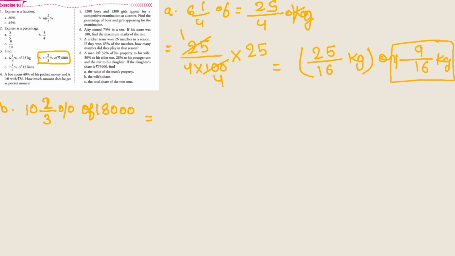Now convert it into an improper fraction. 32 upon 3, 1 upon 100 into 18,000. Now the zeros will get cancelled out with each other. Now 18 will get cancelled out by 3 six times. And now multiply them. 192 is the correct answer.